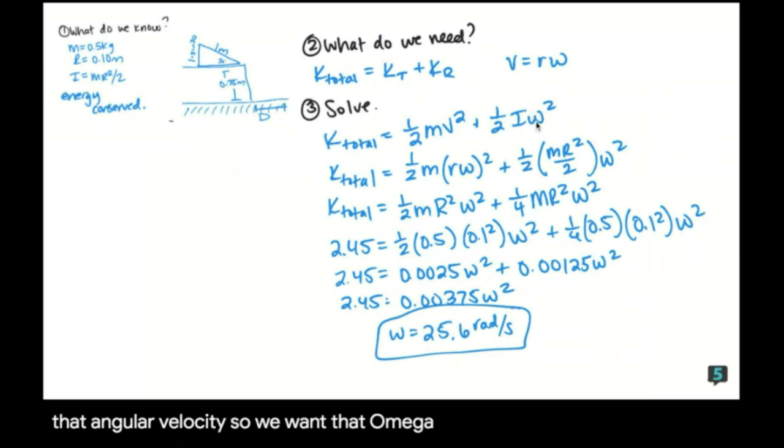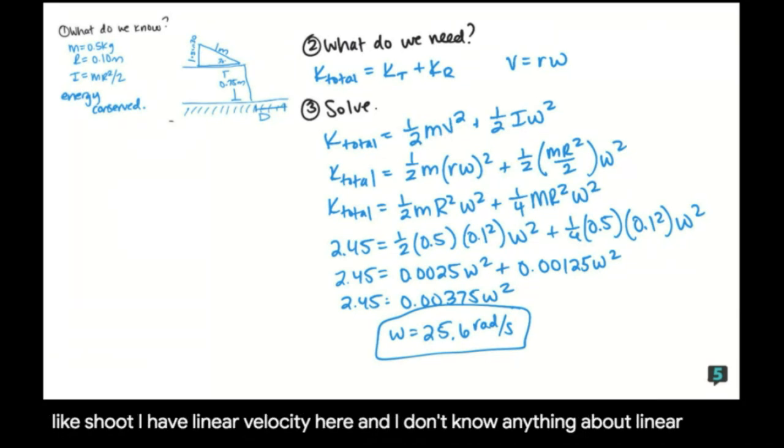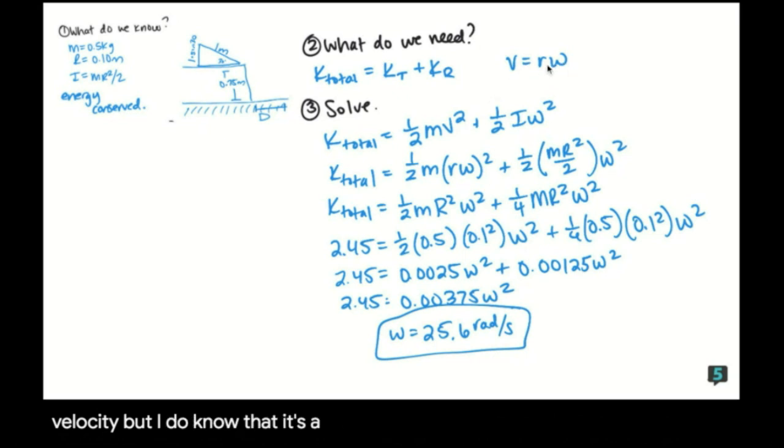And then we're kind of going through and we're like, shoot, I have linear velocity here and I don't know anything about linear velocity, but I do know that there's a relationship here, right? So I can plug in for v, I can plug in R times the angular velocity. Using this conversion relationship is a trick. Well, I don't know if it's a trick, it's a tip, right?